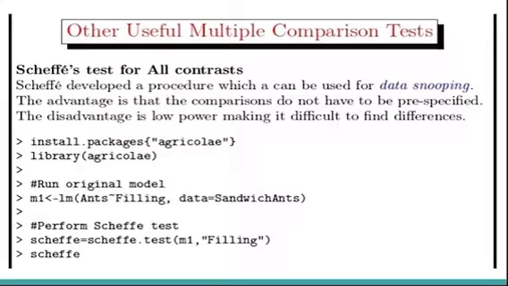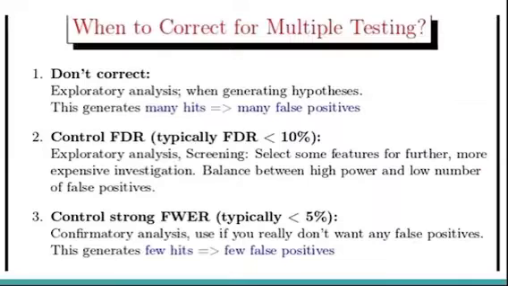The advantage is that the comparisons do not have to be pre-specified. The only disadvantage is low power, making it difficult to find differences. Why do we use it in the first place? Because it's highly conservative. So this is the code. Now, where to correct for multiple testing?